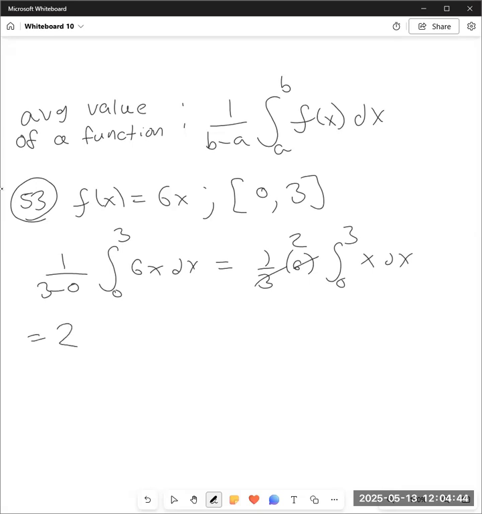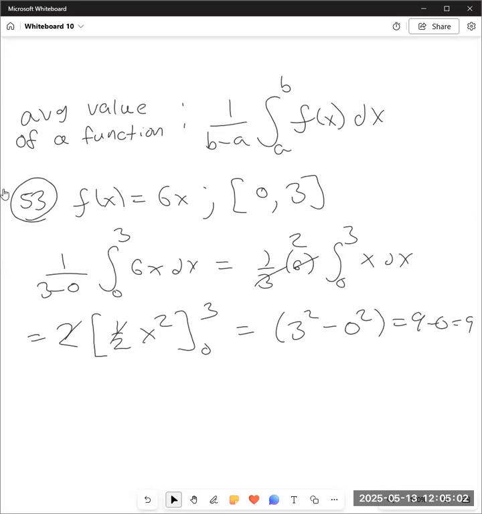This is 2. And then this is going to be 1/2 x squared from 0 to 3. The 1/2 and the 2 will cancel. And that leaves me with 3 squared minus 0 squared, which is 9 minus 0, which is 9.